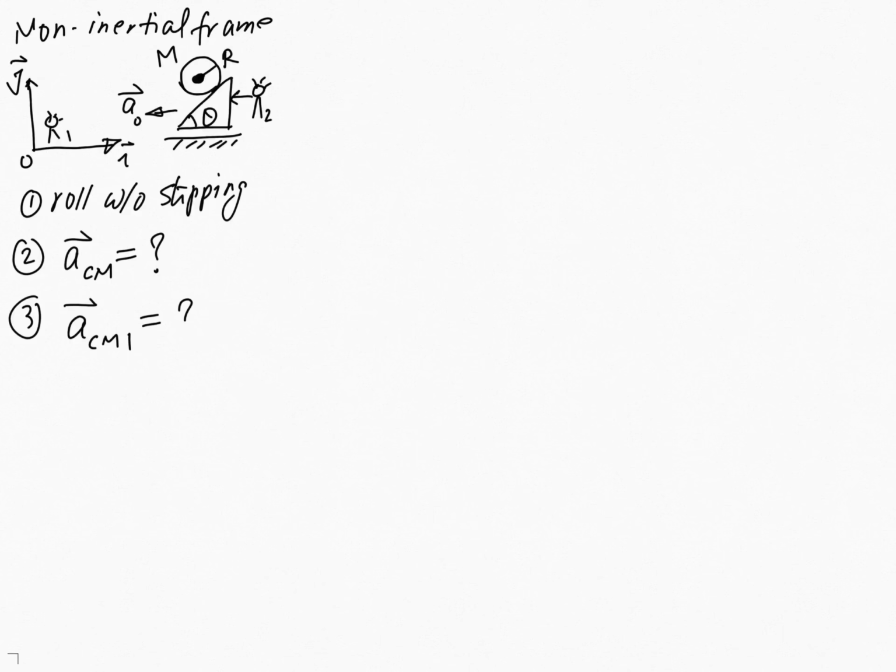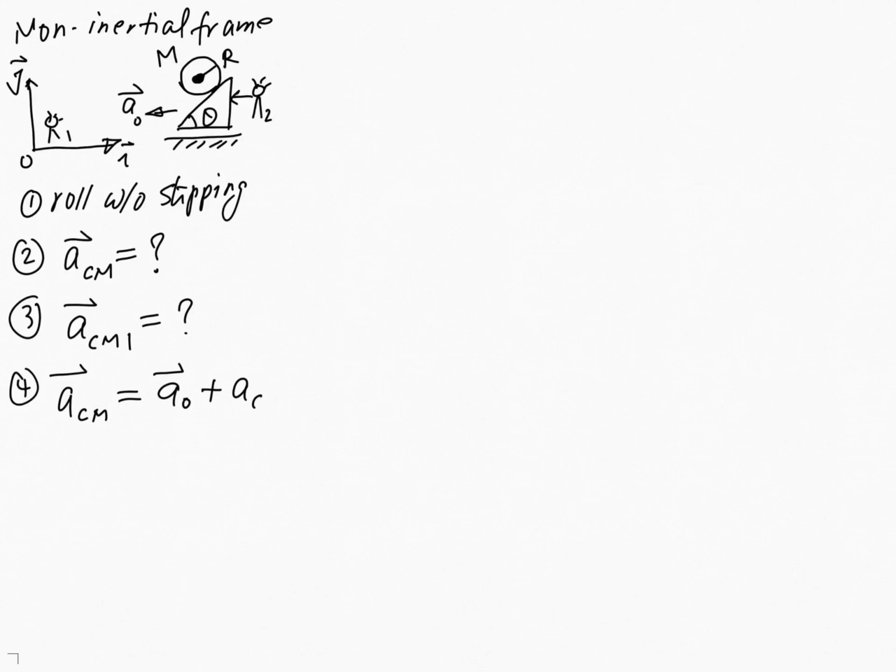If that's something we can find out, then we can conclude that for observer 1 inside the stationary frame, the center of mass acceleration of that cylinder involves two things. First of all, it's moving relative to the stationary frame at acceleration a0.